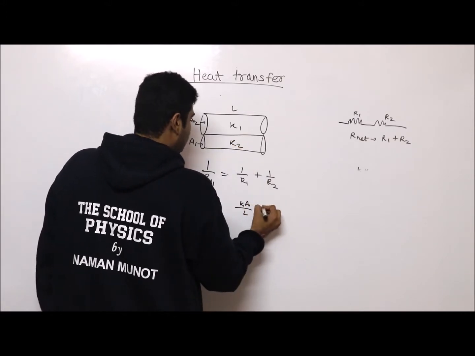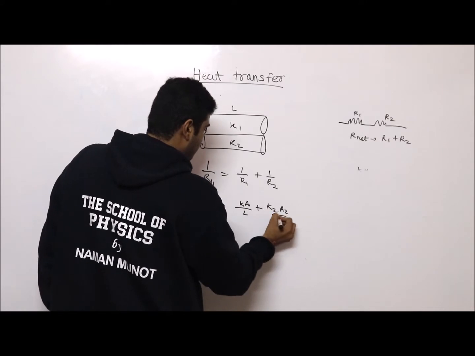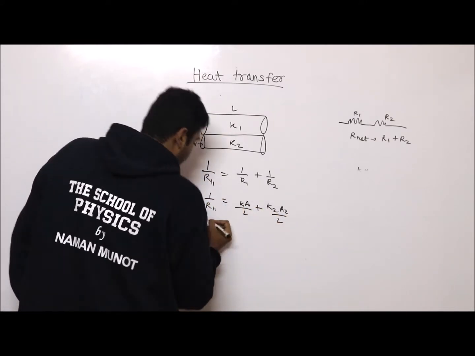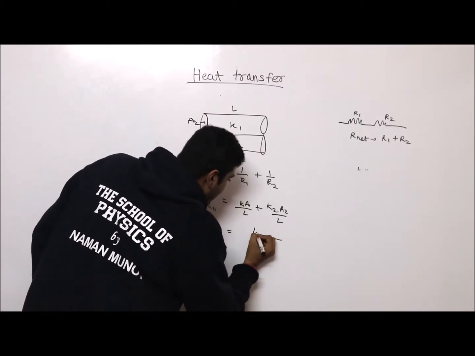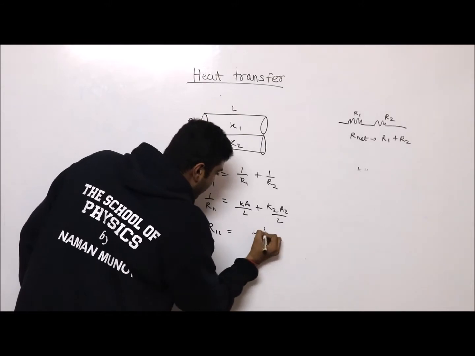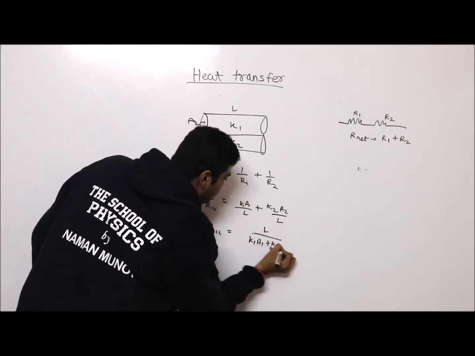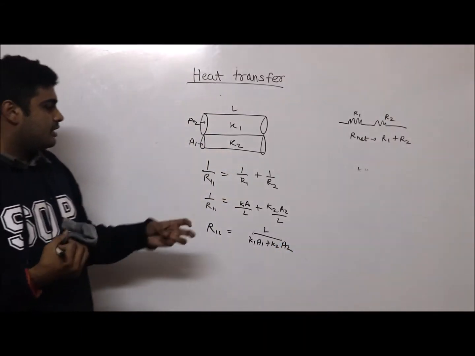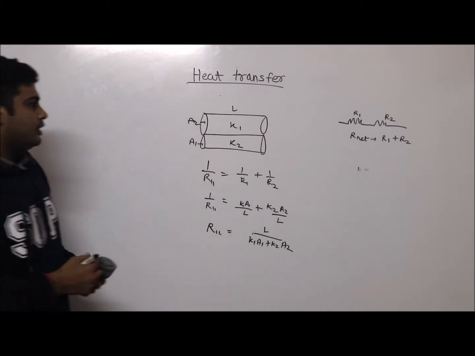So K1 A1 plus K2 A2 upon L is 1 by R parallel. Now reciprocated, R parallel is equal to L upon K1 A1 plus K2 A2. As simple as that. So here is the thermal resistance in parallel.